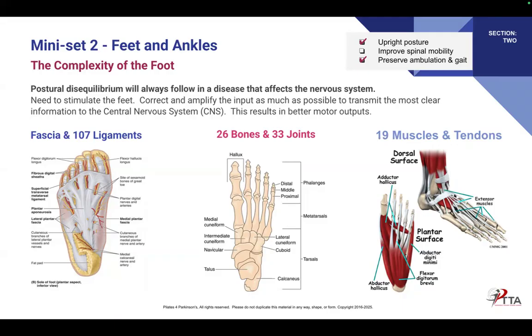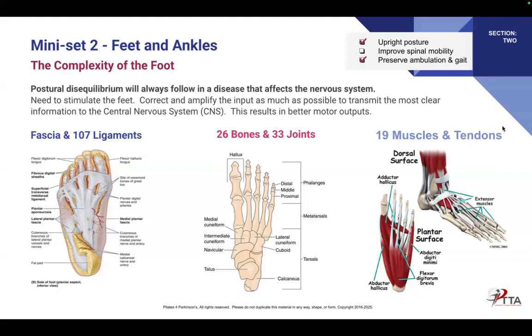And one of those things is your feet. So you want to stimulate the feet as much as possible to transmit the most clear information to the central nervous system, because the better your input information is, the better the output information will be.